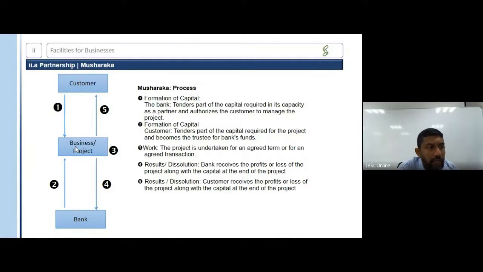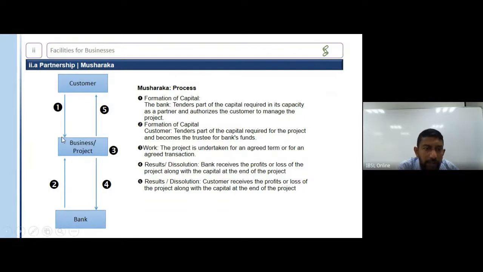If you write the profit sharing ratio, normally we say, let's say, 60-40, and within the brackets we will say customer is to bank, meaning 60% for the customer, 40% for the bank. So that is established under arrow number 1 and 2 along with the capital.